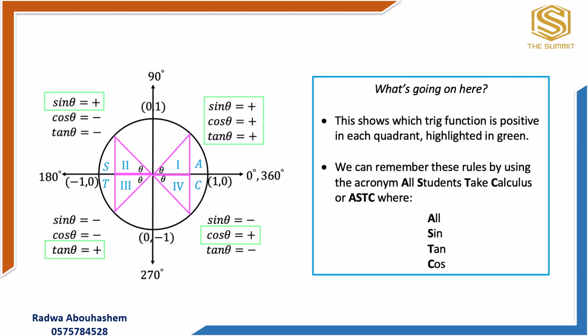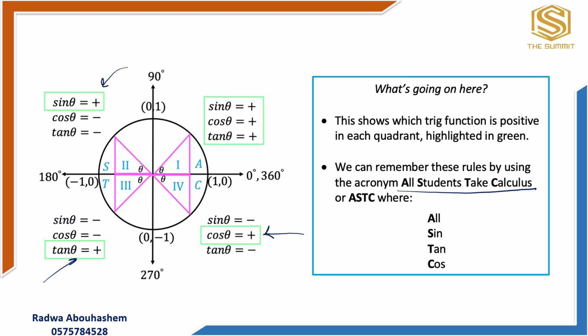Now, this proves whatever we explained before. This is talking about the sign of the trigonometric functions in each quadrant. Here, all of them are positive: the sine, cosine and tan. In the second quadrant, only the sine is positive, in the third quadrant, just the tan, and in the fourth quadrant, just the cosine. So you could make it easy for yourself: All Students Take Calculus, or ASTC.